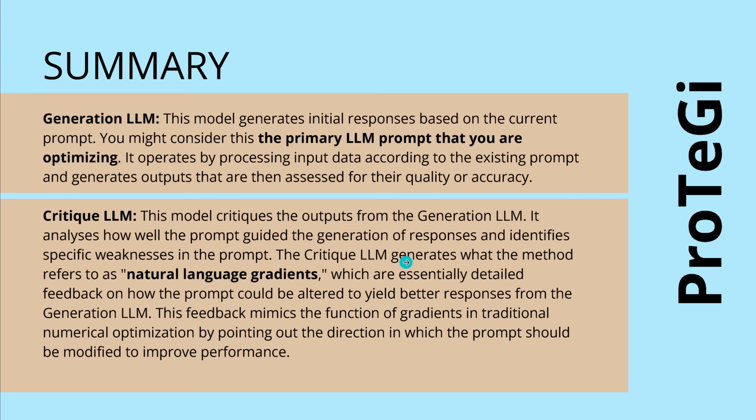And then the critique LLM generates what the method refers to as natural language gradients. This is important. Natural language gradients, which are essentially detailed feedback on how the prompt could be altered to yield a better response. And you see, this is exactly here when we have a gradient descent. Now we go exactly in the semantic space in a different direction.